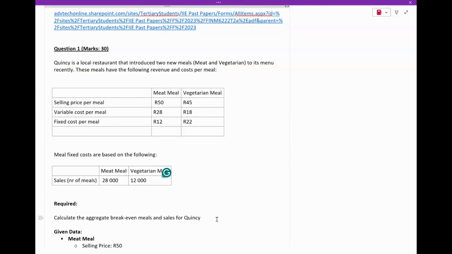So I'm guessing they mean sales as in the number of units that need to be sold. So how do we do that? How do we calculate that aggregate break-even?